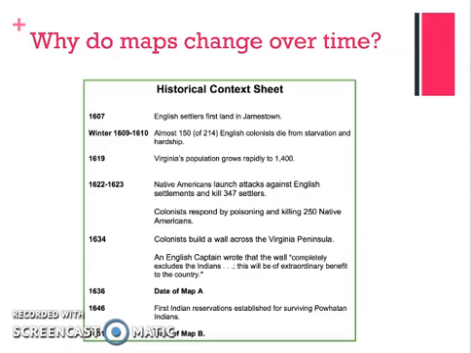Between the date of Map A and Map B, the first Indian reservations are established. So knowing that historical context, how does that now inform additional further analysis of the map? What conclusions might students draw based on this additional contextual information?